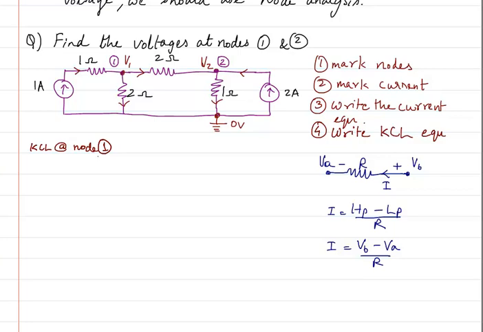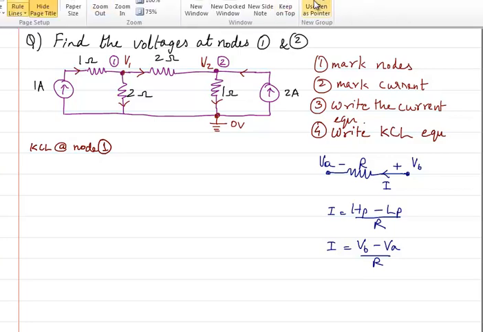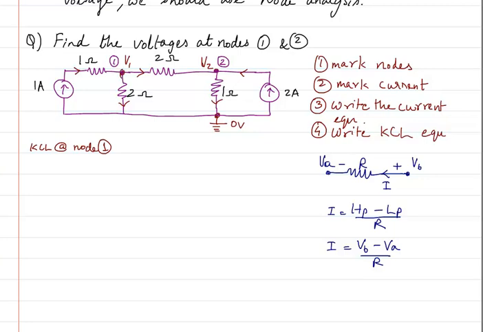So now I will be having to write for this particular node. So this is the incoming current, this is the outgoing current, this is the outgoing current. So the current directions are already decided. So based on the current direction, I can write for this one, since it is incoming, it is positive.